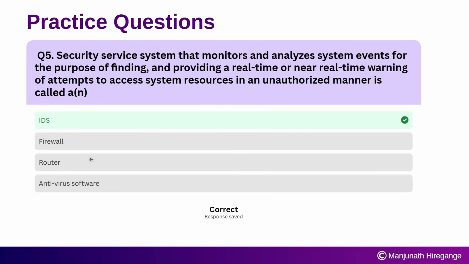A router directs data packets within a network or between networks. Antivirus software protects the system by identifying and removing malicious software, but it does not provide real-time monitoring for unauthorized access attempts like an IDS tool. So the right answer is intrusion detection system.